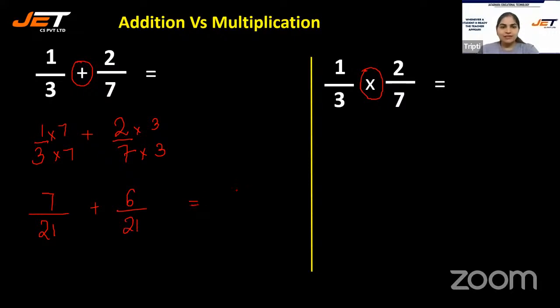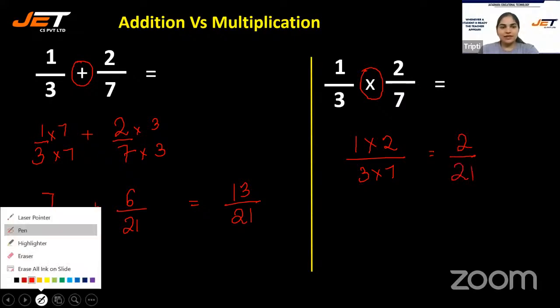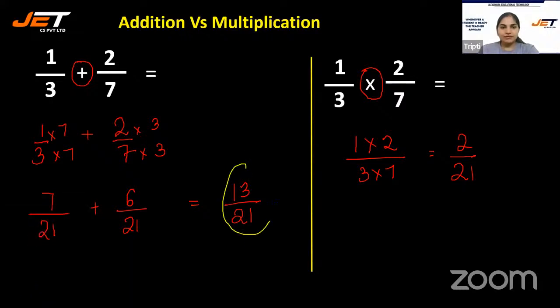So 7 plus 6, 13 by 21. And here 1 times 2 and 3 times 7. 1 times 2 is 2, 3 times 7 is 21. This is the answer: 13 by 21 and 2 by 21.